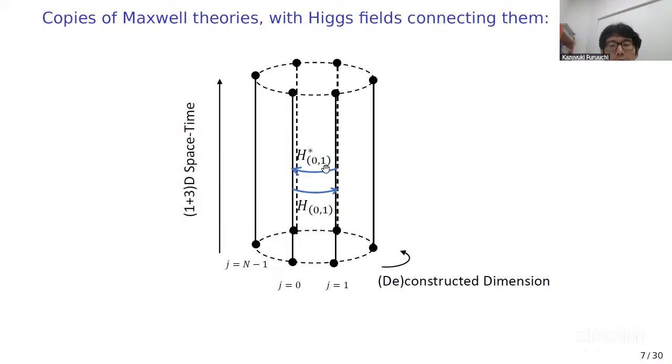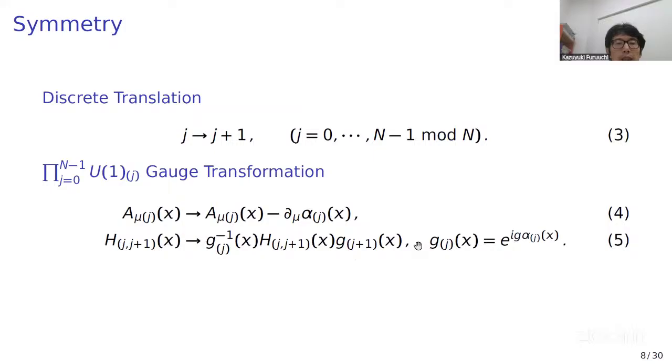But this is still not the deconstructed dimension; we don't have the discrete version of the Kaluza-Klein modes yet. I'll come to that later. The symmetry of the model is discrete translation on the lattice and gauge transformation. Each lattice site has a U(1) gauge symmetry, and there are N of them.